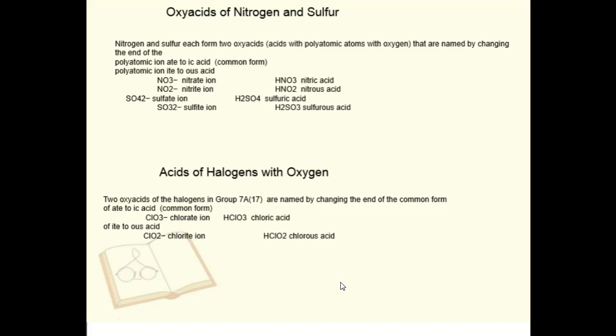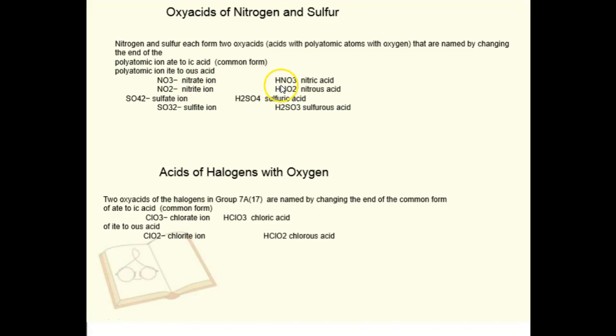We talked about oxyacids in the name game. Again, this deals with our polyatomics. If our polyatomic ion ends in ate, then we're going to add ic in the acid form. And if the polyatomic ion ends in ite, we're going to add ous for the acid form. Here is an example. We have nitrate ion.